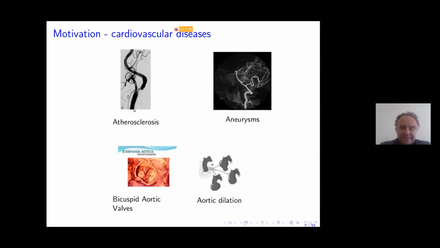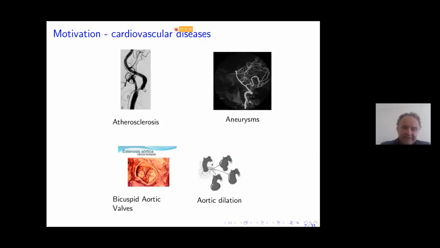So what is atherosclerosis? You can see here in this medical image, blood represented in this dark color. So we can see several vessels. This is an arterial branch. And we can see in the first part that we have a kind of constant radius.